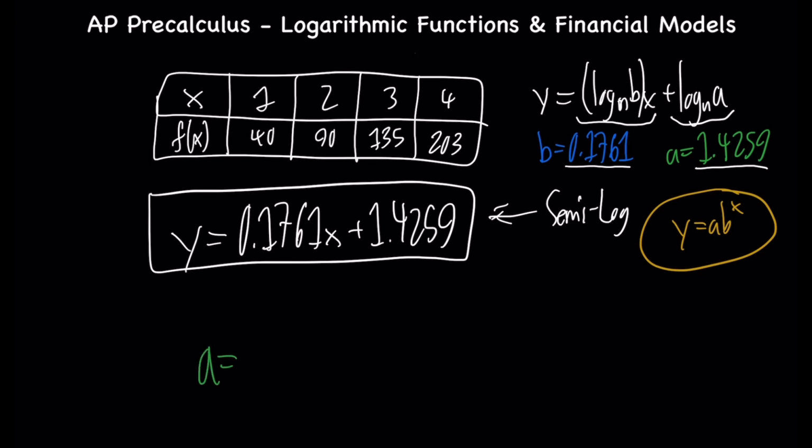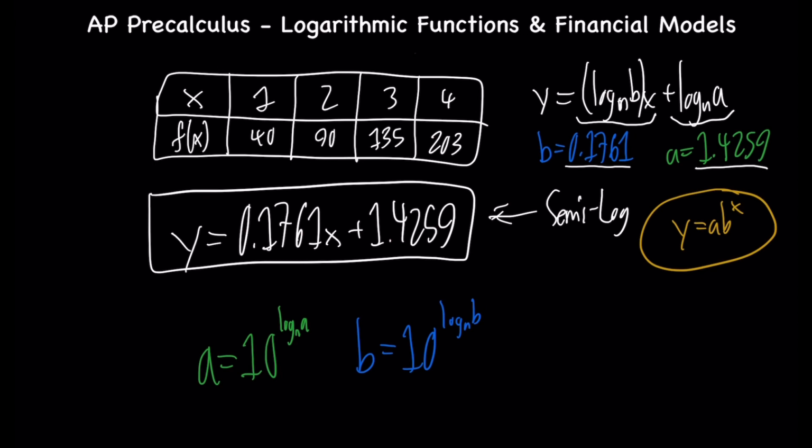To convert it to a linear model, your A value will be 10 to the power of log base n of A. And for B, it'll be 10 to the power of log base n of B.